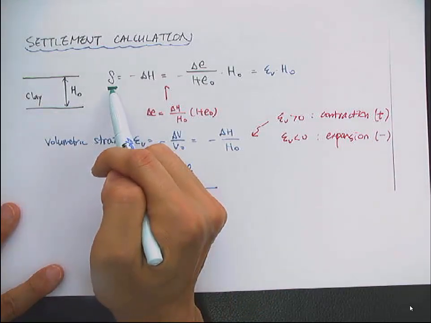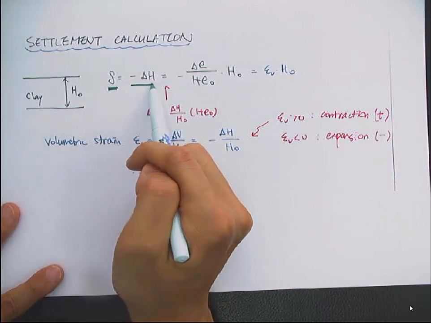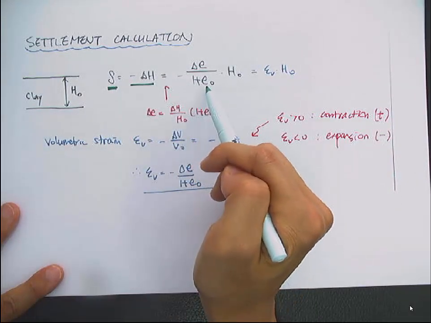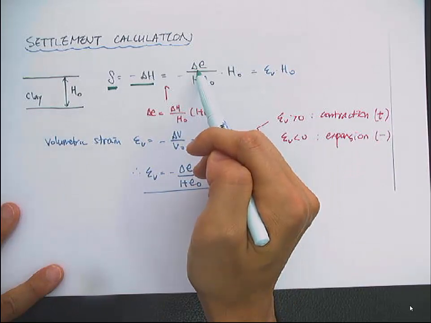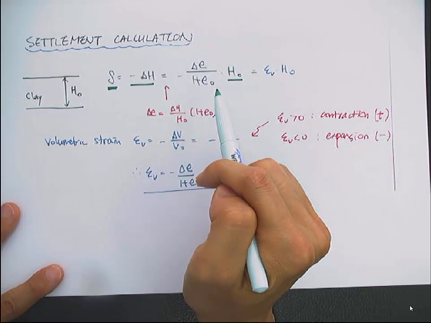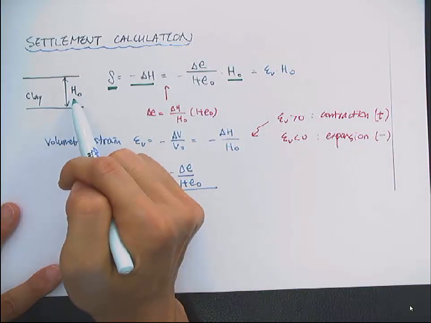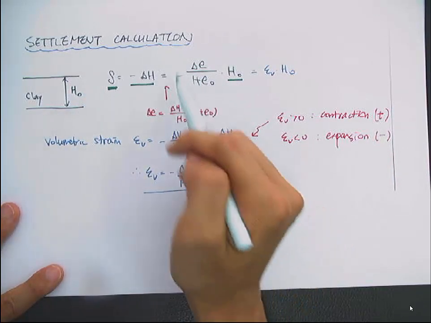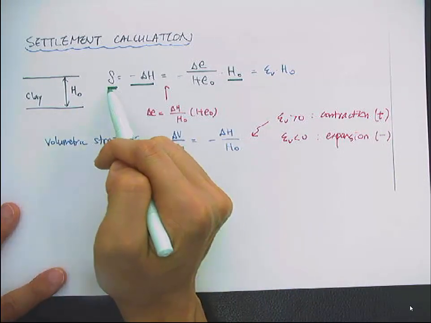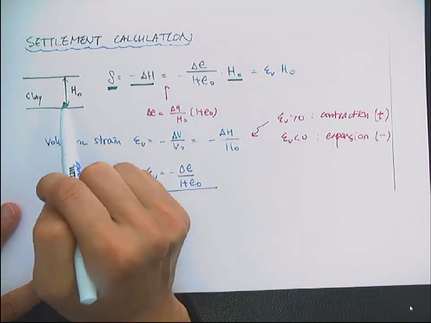Here, the S, the settlement, is the negative change in height, and initial void ratio and the void ratio change and the total height of the clay, the initial thickness of the clay, can be converted to the settlement S.